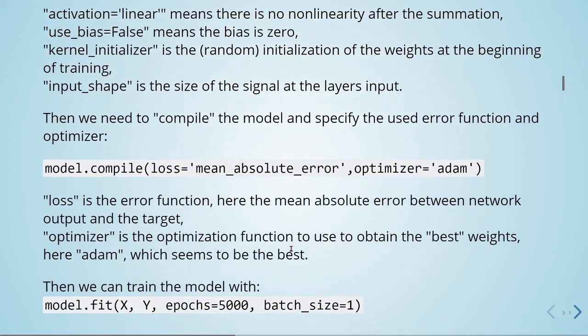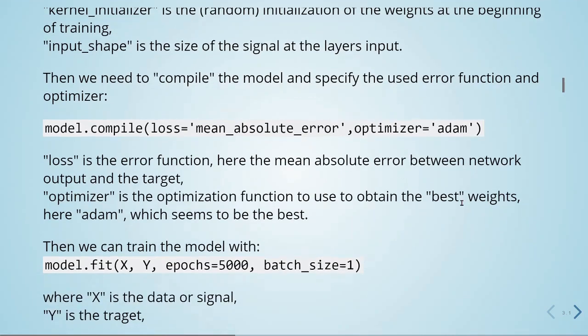So loss here is the error function, in our case the mean absolute error between the network output and the target. The optimizer is the optimization function to use to obtain the best weights. And here we are going to use ADAM.